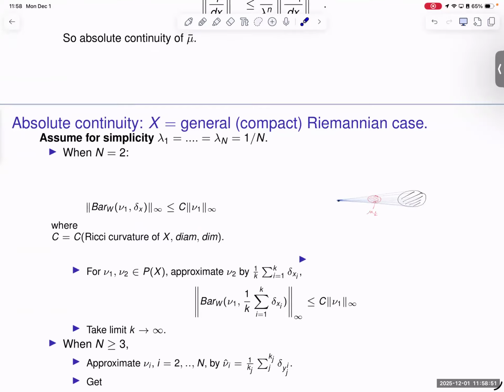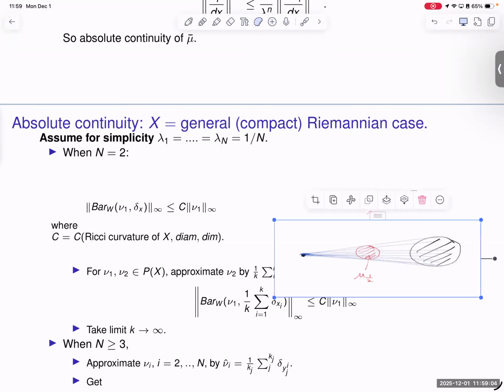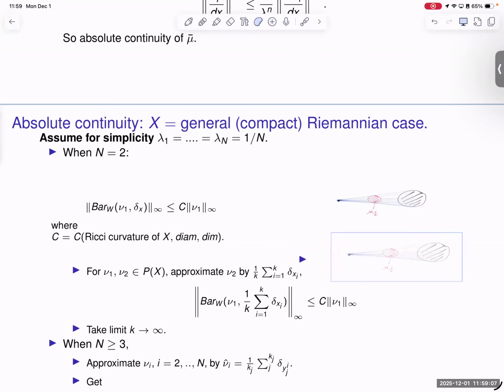And then the idea is, when you have, let's say, a more general measure here as your mu 2, and this is mu 1.